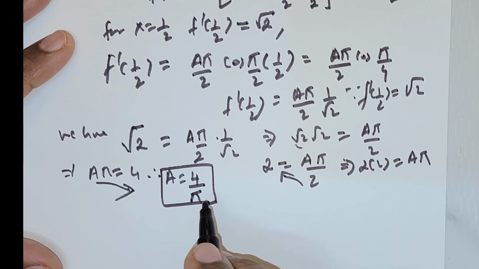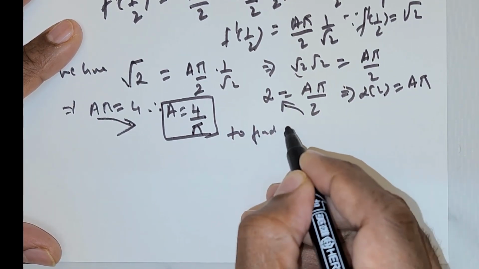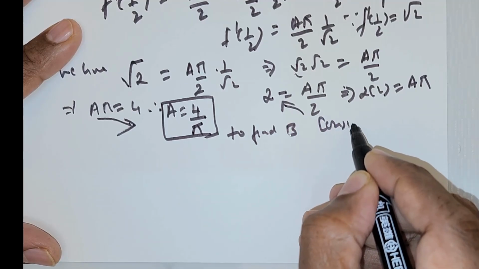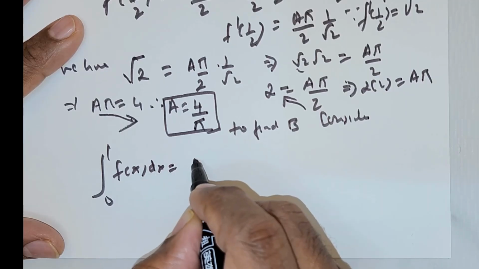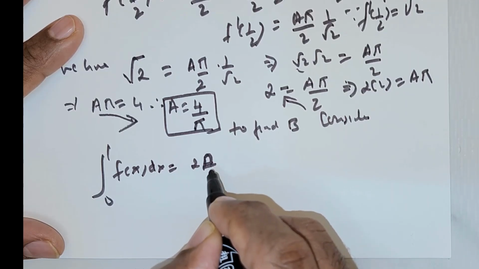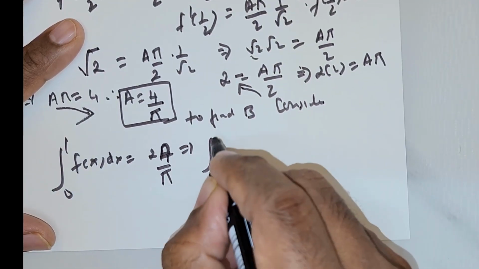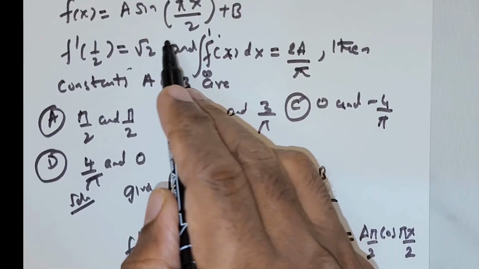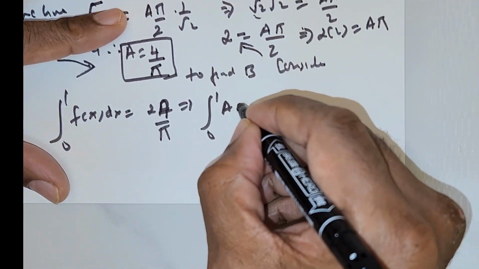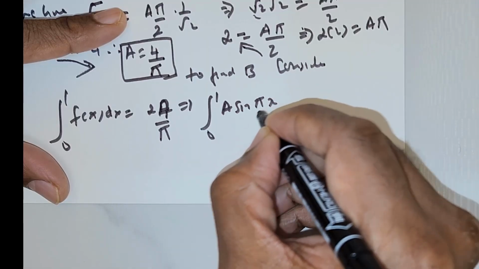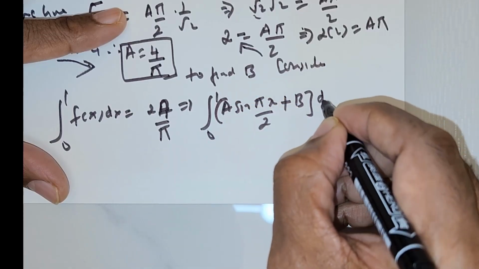Now having got the value of a, we will have to get the value of b. So for that, to find b, consider the integral from 0 to 1 of f of x dx is equal to 2 times a over pi. Now what is f of x? f of x is nothing but a times sine of pi x over 2 plus b, times dx.